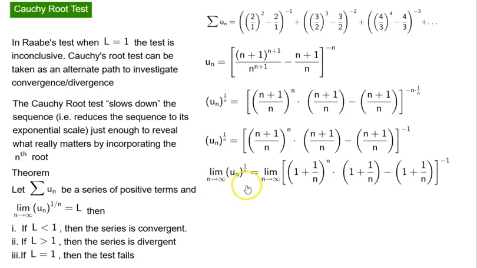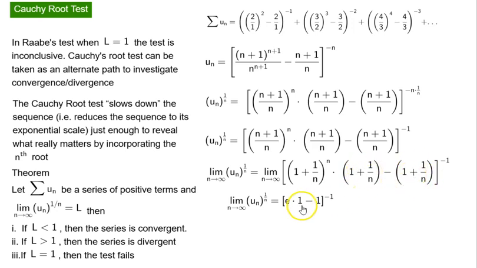Now we are taking the limit of U sub n to the power of 1 by n as n goes to infinity. So limit on the right hand side as well. Now do you remember this? This is the definition of E, limit as n goes to infinity. So we have E times, as n goes to infinity, this goes to 1.